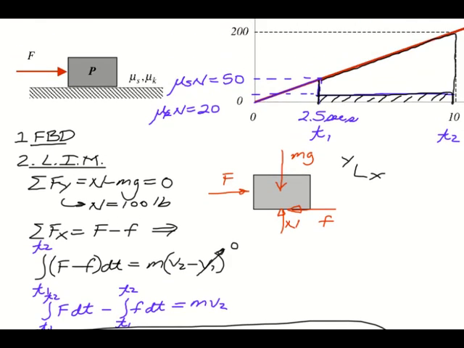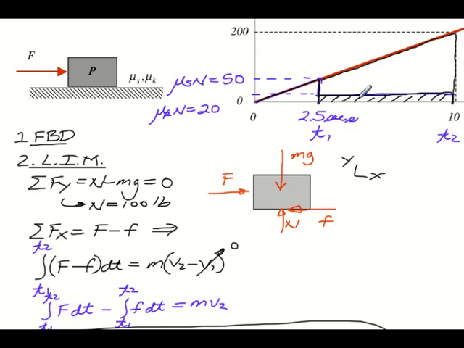The block cannot move until the applied force reaches mu sub s times N. That's 50 pounds. So all along here the force is increasing, but nothing occurs. And then at that time of 2.5 seconds, the friction force then drops down to mu sub k times N, and that's when we get the net force, which is bringing about the motion.